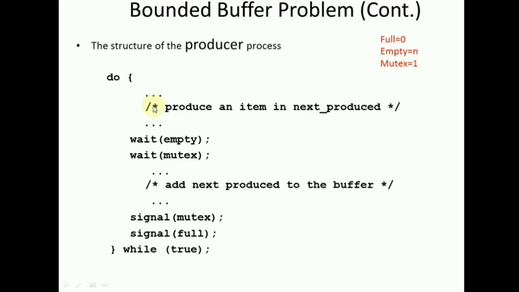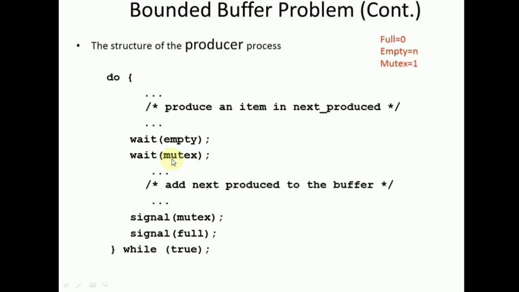Now if the producer wants to add an item to the buffer, it is going to call the wait semaphore. When it calls wait on empty, it is decrementing it. So if there are n empty buffers and it has produced one item, now there are n minus 1 empty buffers.